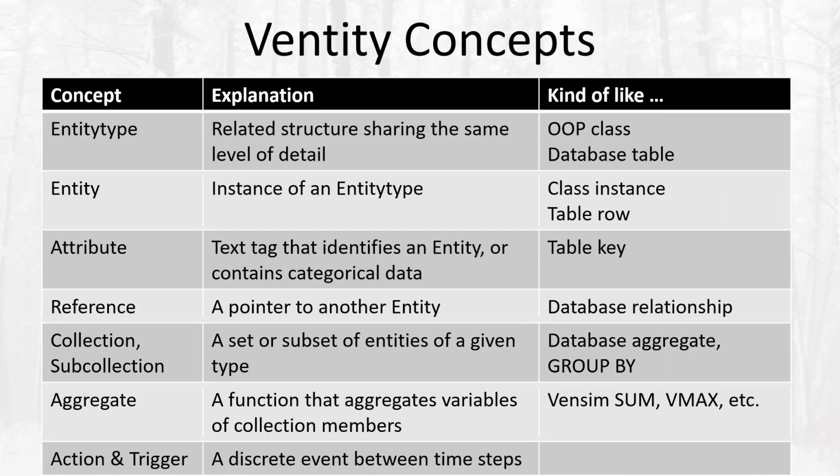Although they're generally not new, they're kind of reused from other domains. So an entity is an instance of what we call an entity type that's very close to an object-oriented programming classes and object instances. It's also very close in the database world to tables and rows.